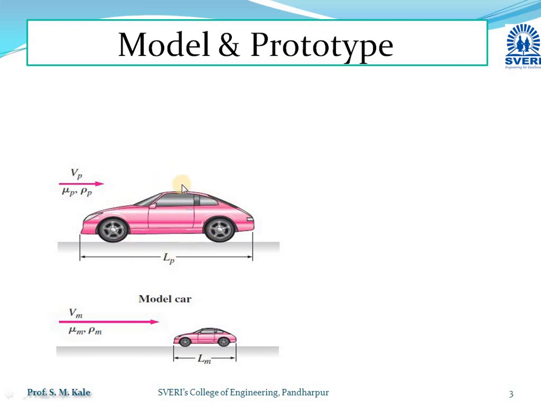For that I have to make a small scale replica of that actual car, perform various tests on that smaller car, and then predict the behavior of the actual car. This actual car is called a prototype.